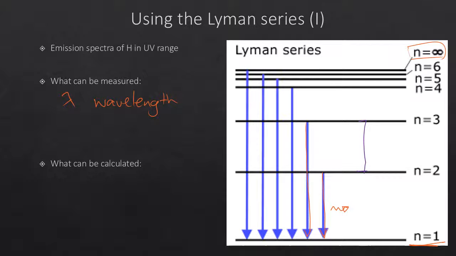I can calculate the difference between the third and the second energy level, the second and the first, and the fourth to the third, etc. So I can measure the difference in both wavelength and frequency.